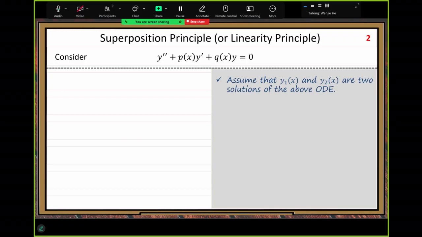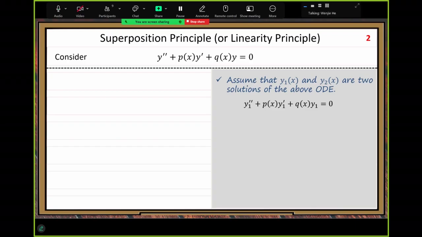Now we want to study how to use these two solutions to get other solutions, because remember our goal is to cover all the possible solutions.